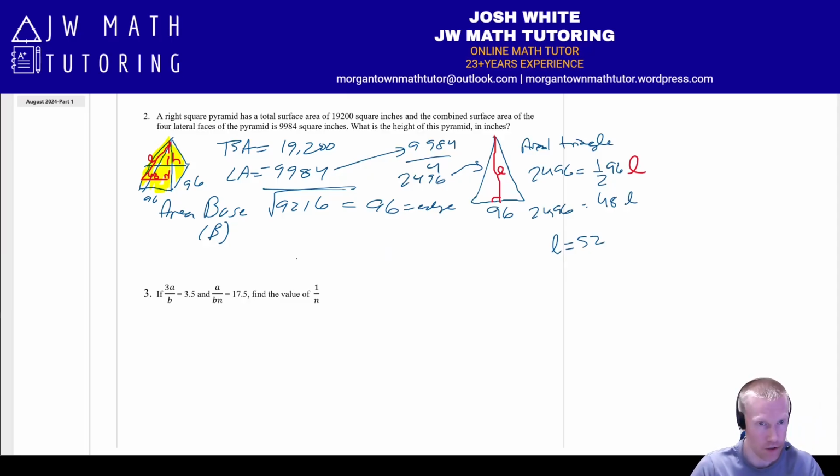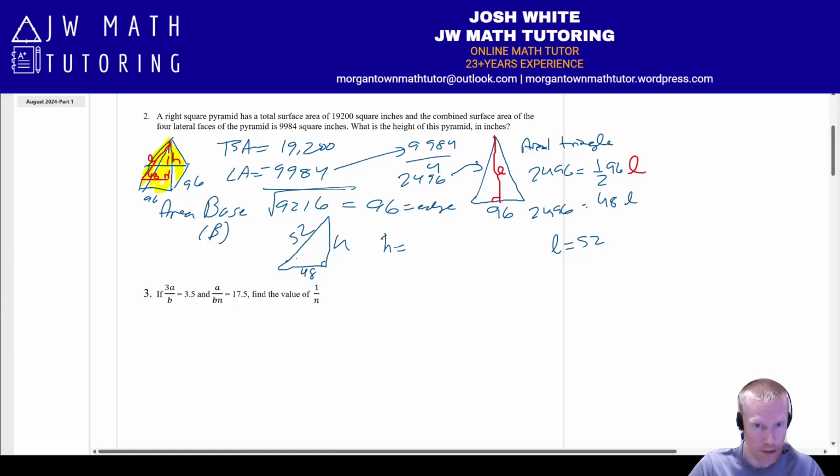Now looking back at this picture, and I'll just enlarge it so it's a little easier to see, what you have going on is you have the height of the pyramid here, you have this side which is 48, which is half of one of the sides of the square base, and you have the hypotenuse which is 52. Now you can just use the Pythagorean theorem. It's basically going to be h squared plus 48 squared equals 52 squared. I won't bother to write out all the numbers for the calculations.